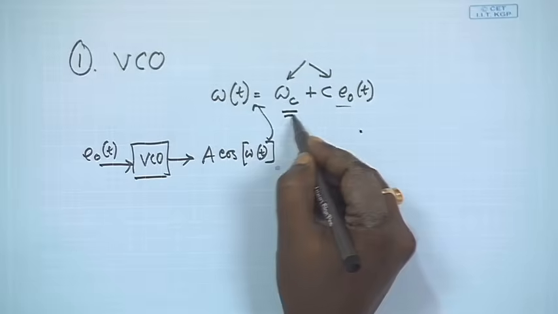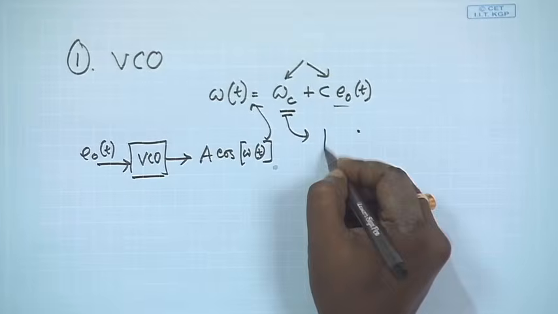If I do not give any voltage as input, and I keep the VCO running freely, that means I give power and the VCO is operating, then this is the frequency at which it will be running. This is the output frequency it will be generating, that is why it is called the free running frequency.